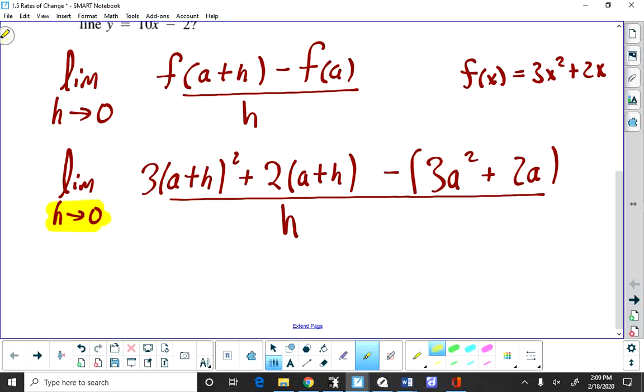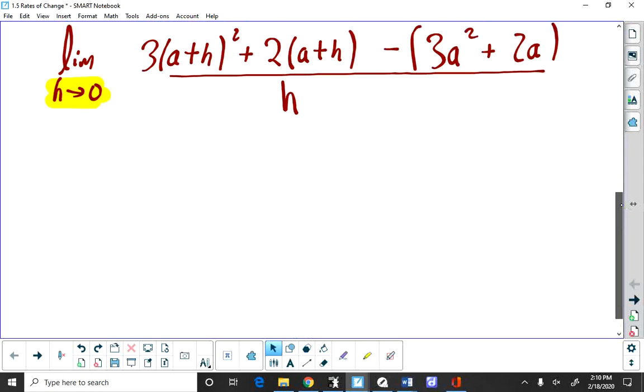Because if I put h equals 0 in, this is 3a squared minus 3a squared. This would be 2a minus 2a. The only recourse here, everybody, and again, you may not like it, is that you have to rewrite this expression by expanding this whole thing out.